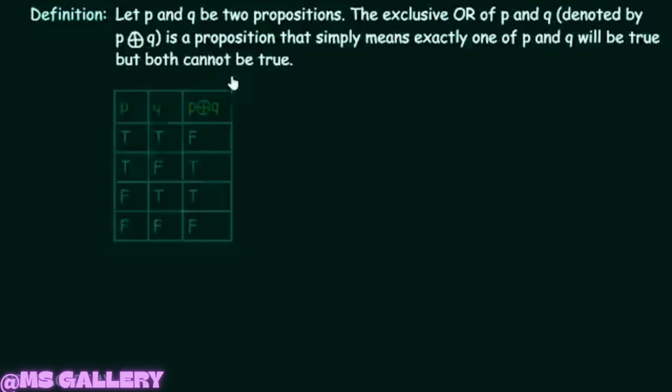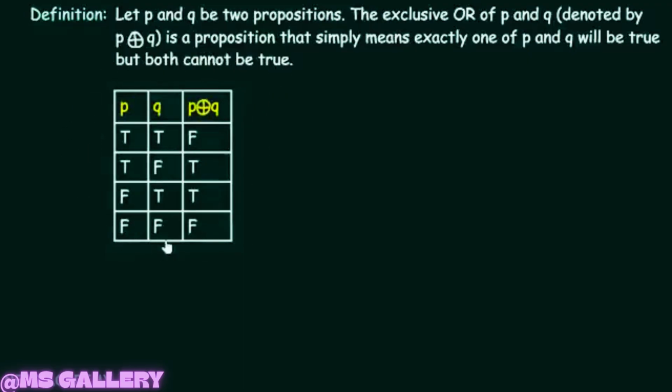Okay, so here is the truth table for the exclusive OR operator. When both P and Q are true, then the result of the compound proposition P XOR Q will be false. And when either P is true or Q is true, then only the compound proposition P XOR Q would be true.